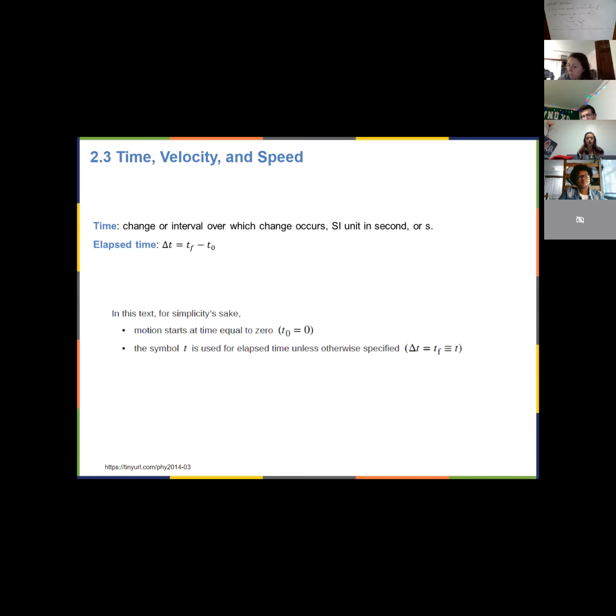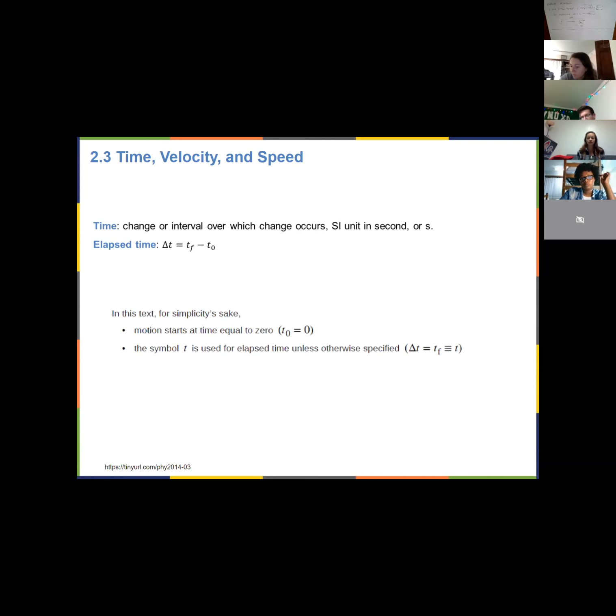Time is the interval over which change occurs. For example, if you're starting from one point and ending at a final point, there's a certain time involved, could be 5 seconds, 5 minutes, or 5 hours. That's the change between those two instants.